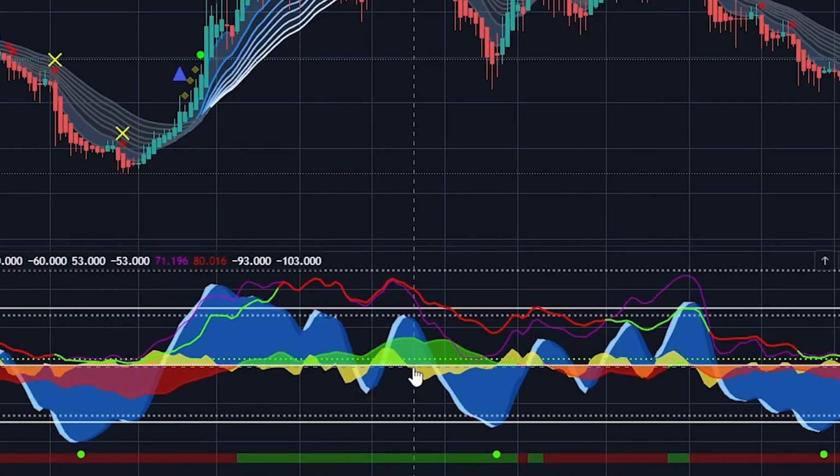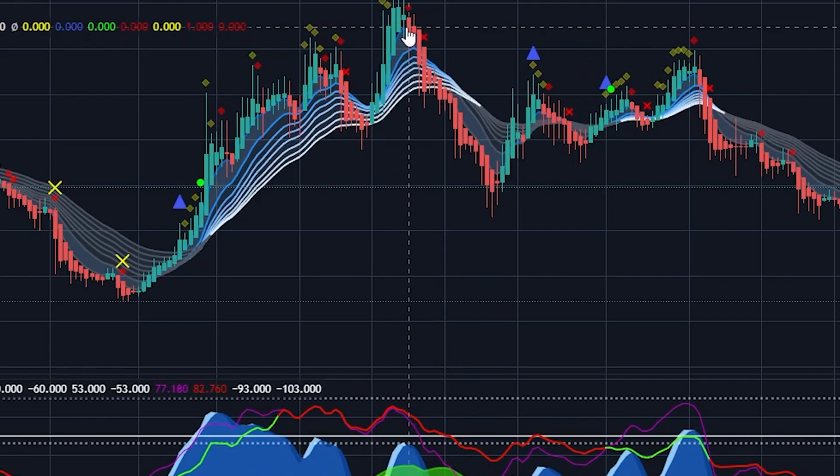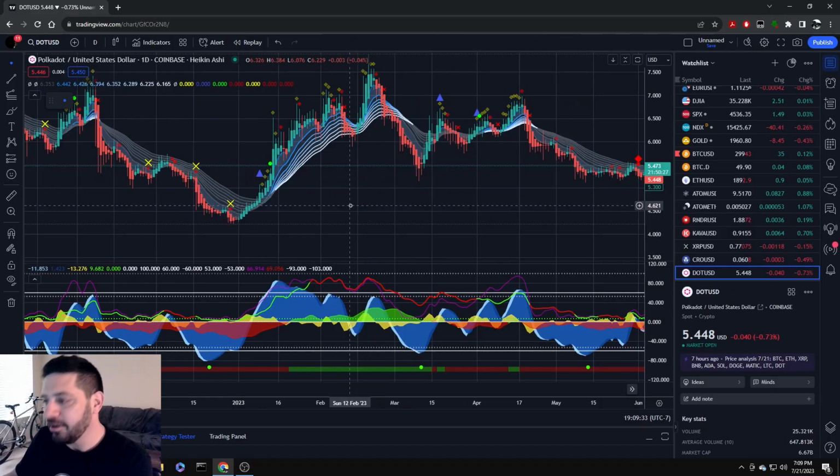If you see it crossing downwards across the zero line, you can consider that bearish price action is coming. It's a lot of redundancy, but we want a lot of things to point us in one direction so we can pull the trigger on a move.